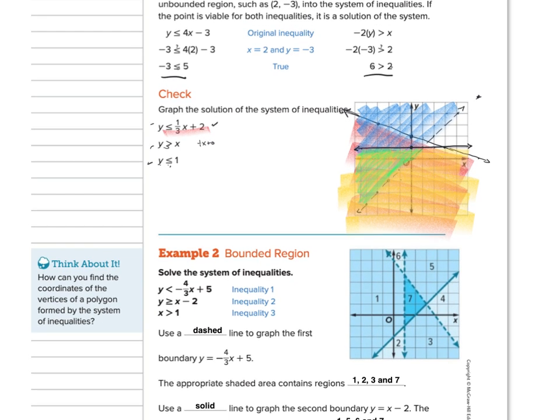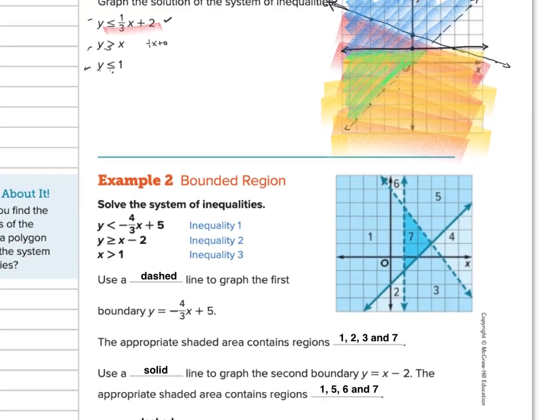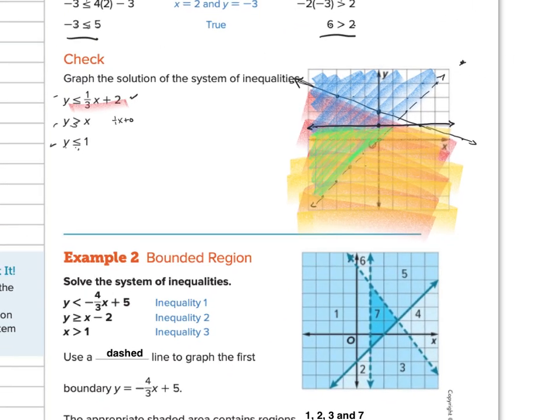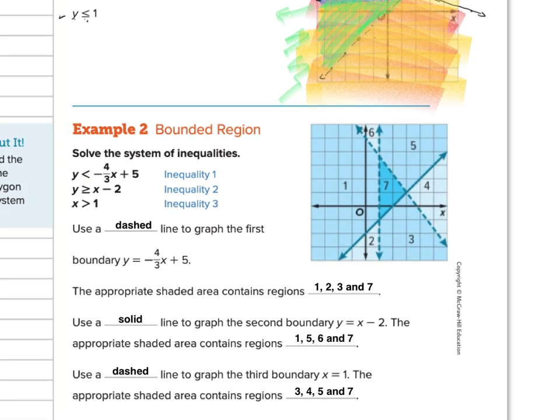Okay, so looking at this region, this was unbounded, and I was wrong because it keeps going out in this area over and over again. A bounded region. So here, what they've done is graph these inequalities, and we have 5 with negative 4/3 is less than, so we have this one being shaded this direction.